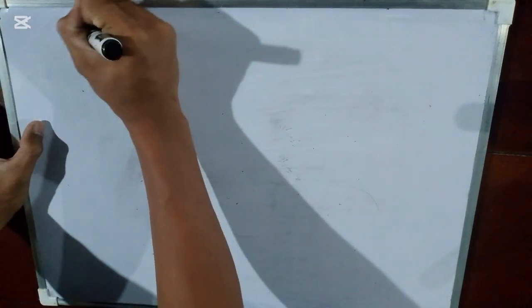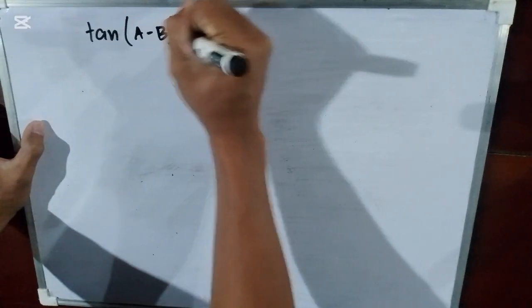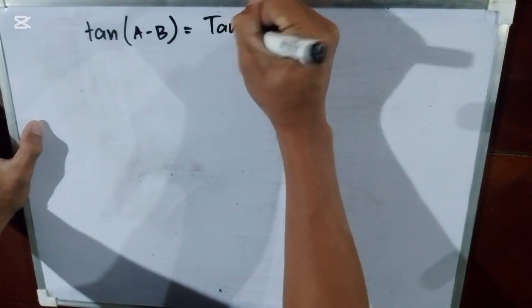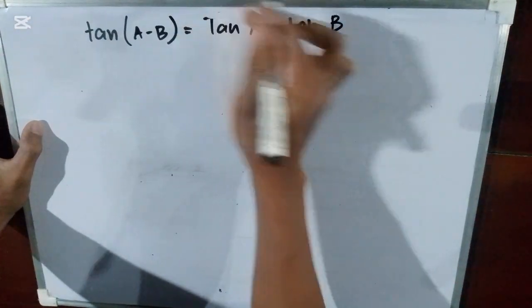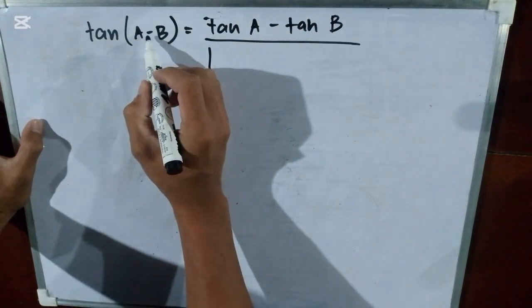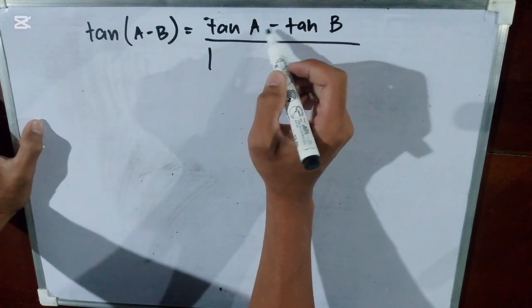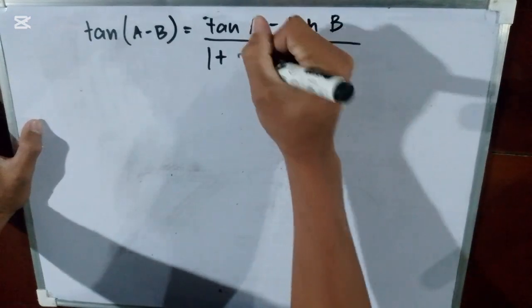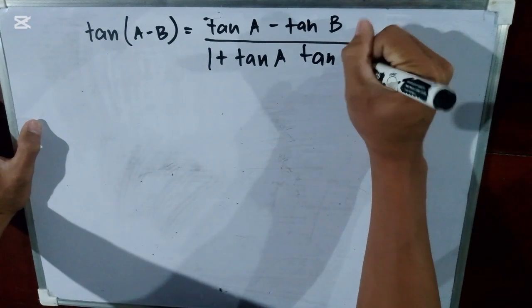The formula of the difference identity using the tangent function is tan (A minus B) equals tan A minus tan B over 1, and opposite to the numerator, it becomes plus tan A times tan B.